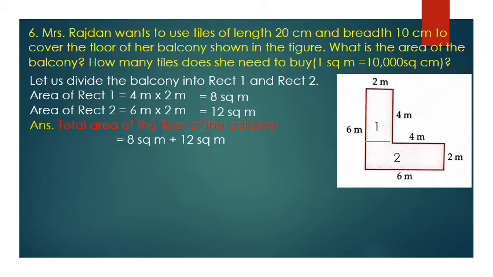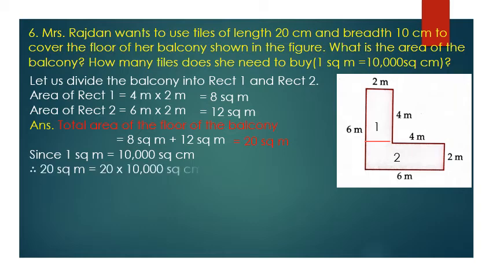So 8 square meter plus 12 square meter, which in turn is equal to 20 square meter. Now, as it is given in the question that 1 square meter is equal to 10,000 square centimeter, so 20 square meter is equal to 20 multiplied by 10,000 square centimeter, which is equal to 2 lakh square centimeter.